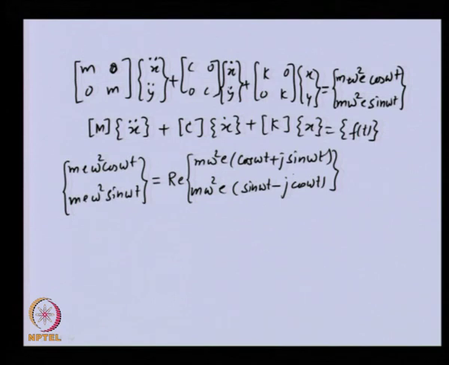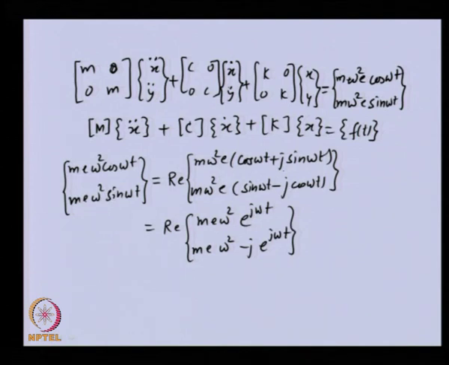So, this can be written then as real part m e omega square. First term can be written as e to the j omega t, and the term which is below, we can take the minus j outside, and this can be simplified as minus j e to the j omega t. So, if we take minus j out from this, this will become cos omega t plus j sin omega t.